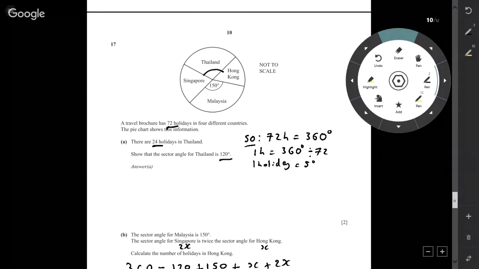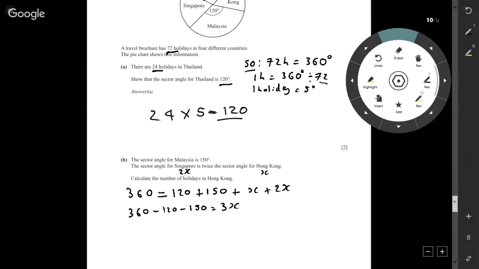So the easiest way to do this is find out how many degrees one holiday is. To do this, it's 360 divided by 72, which is the total number of holidays in the whole circle. We found that one holiday is 5 degrees. Therefore, we do 24 times 5, and that equals 120. And that is why that is the sector angle for Thailand.